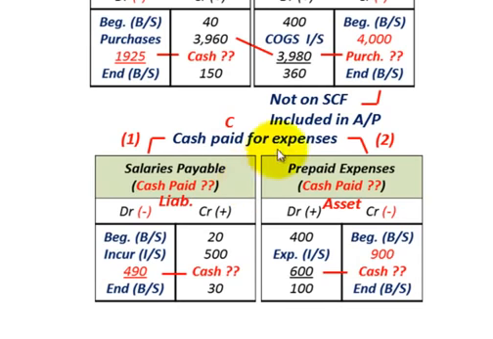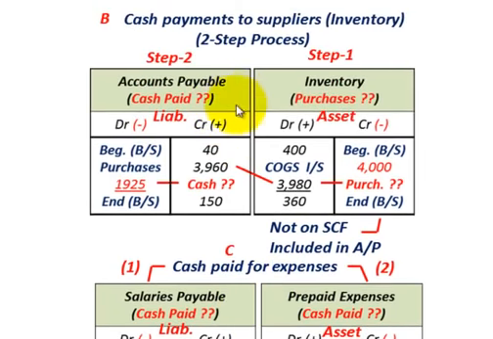Just remember, when you're using the direct method, lay out your T accounts, and then you have to know what your beginning amount and your ending amount would be, and then what went to the income statement for your direct cash flows. And then, knowing what was on your income statement, beginning and ending amounts, you can determine the plug.